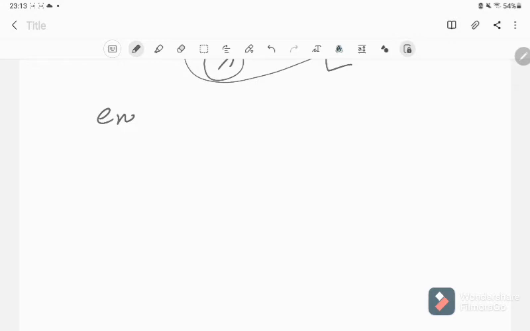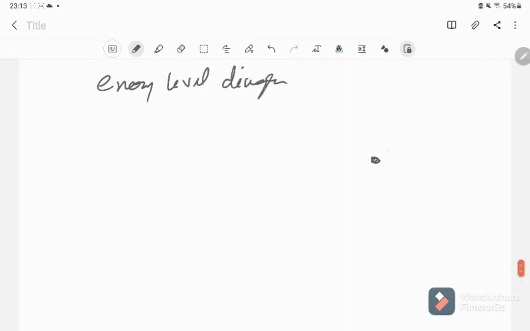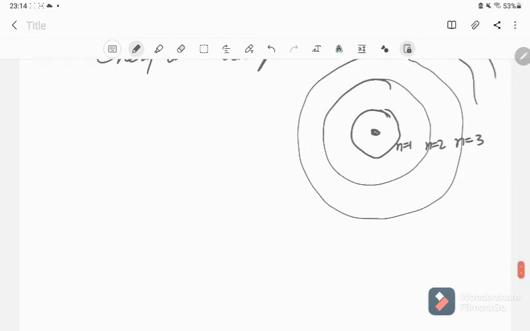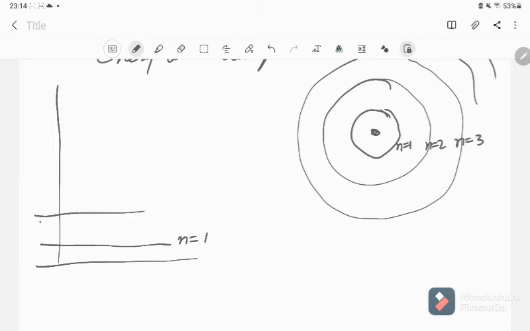Let's see what the energy level diagram is. So this is the nucleus, first orbit, second orbit, third orbit. Here n equal to 1, n equal to 2, n equal to 3, and so on.